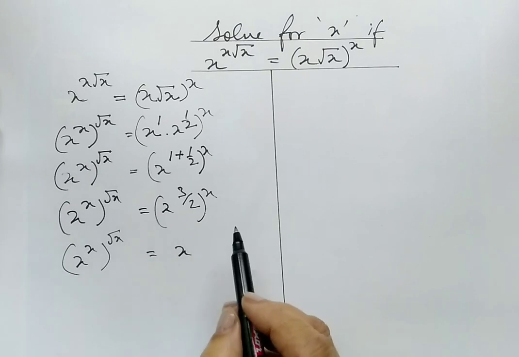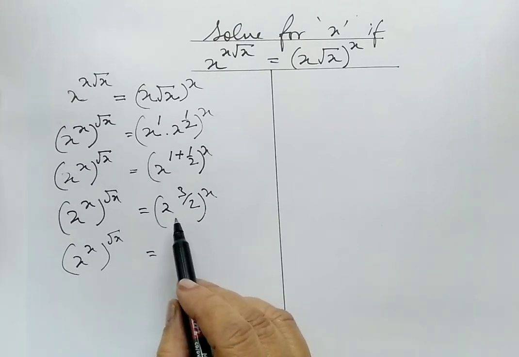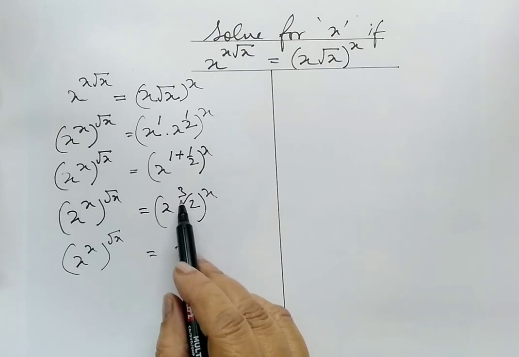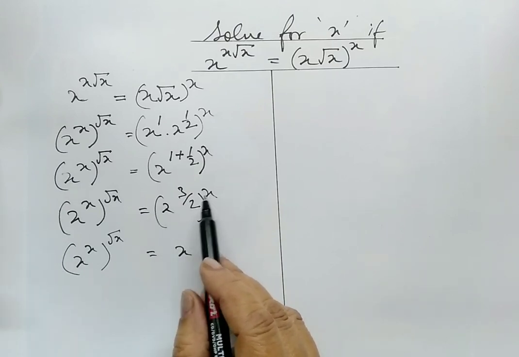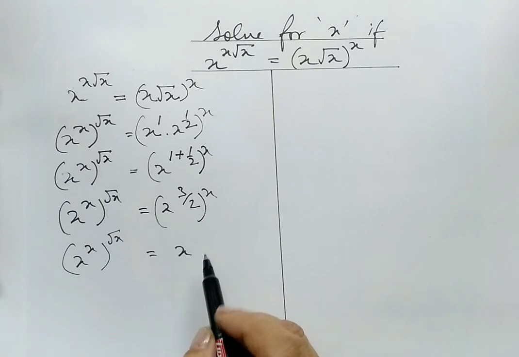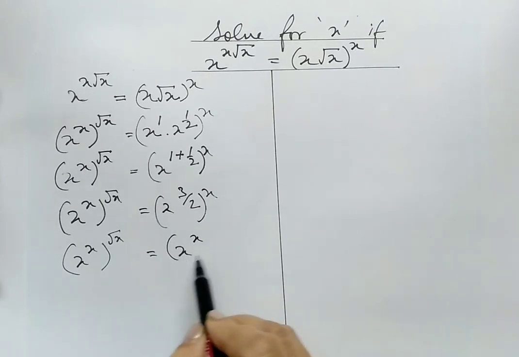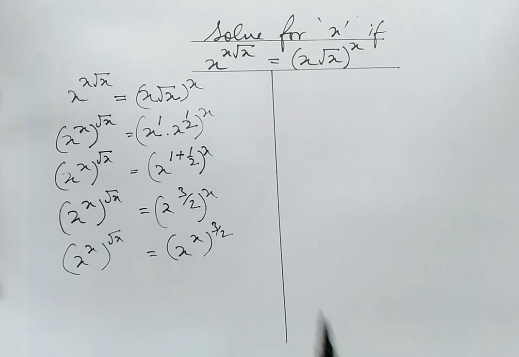We can shuffle, right? Like x to the power mn can be written as x to the power m, and outside n, or vice versa. So we'll do x to the power x here and 3 by 2 outside. Understood so far?